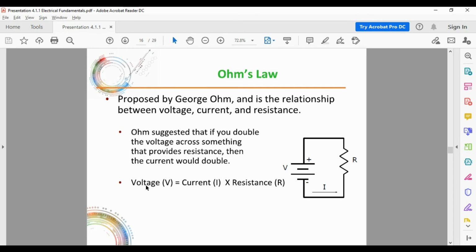And so we come up with this equation: voltage is equal to current times resistance. Voltage is represented by V, current by I, and resistance by R. I don't remember exactly why current was labeled as I, but it just is. So what you end up with is V equals I times R. This is multiplication, not the letter X.